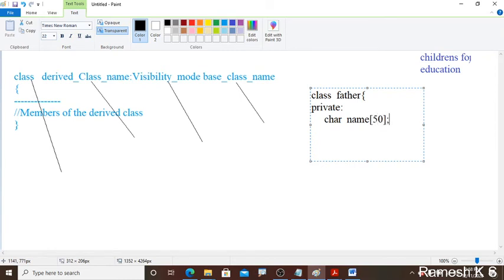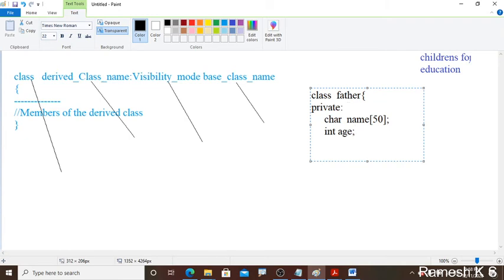I am taking an array variable declaration, char name of 50 characters, and int age. So these are the two variables: one is a name array of 50 characters, and the other, age, is of int type. These two variables I have declared under the private access specifier inside the class called Father.